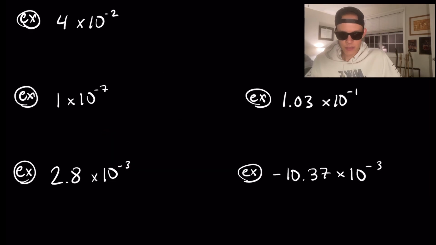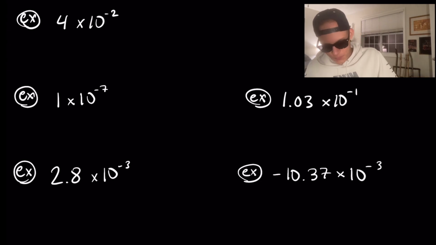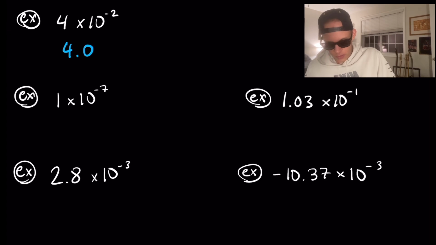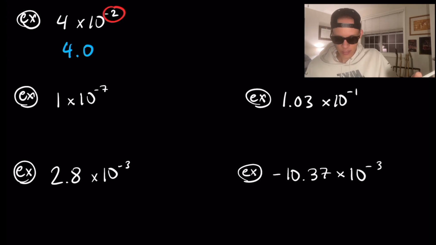All right, now some practice. Again, going from scientific notation to standard form, but now we have negative exponents. So take your A value or your number to the left there. Write it as a decimal, so 4.0, and then move your decimal to the left. And how many places to the left are we going to move it in this one? We're going to move it 2 to the left because that's what's in the exponent.